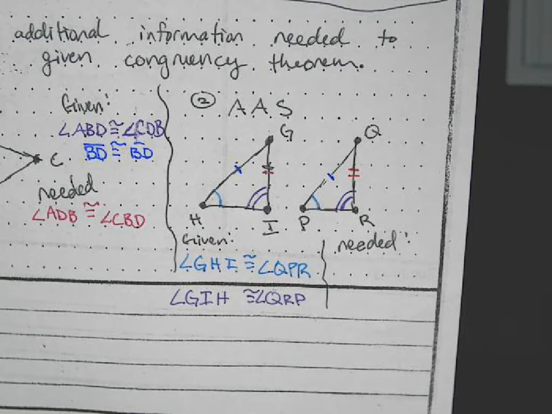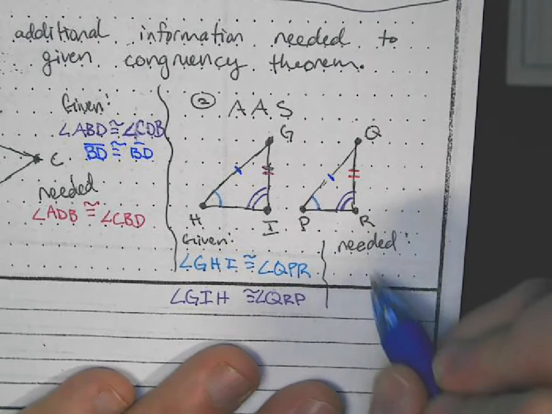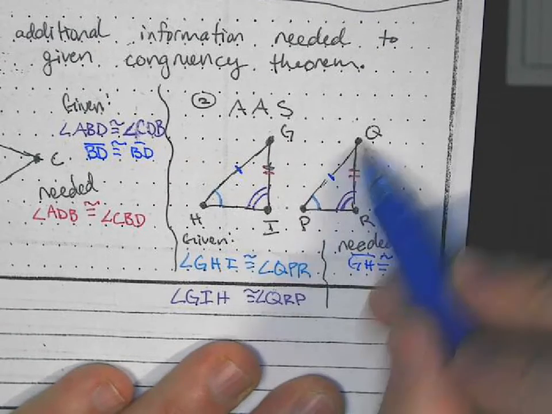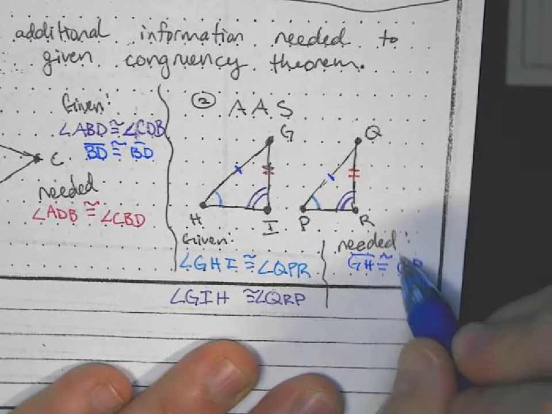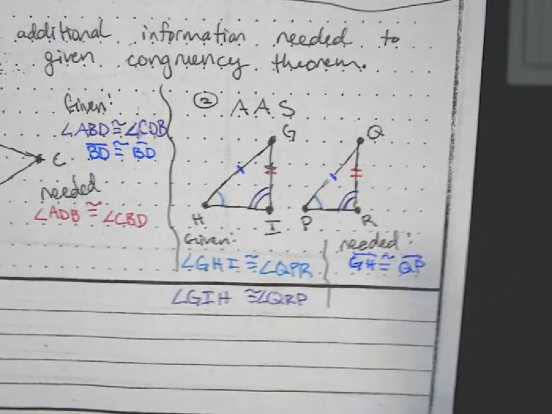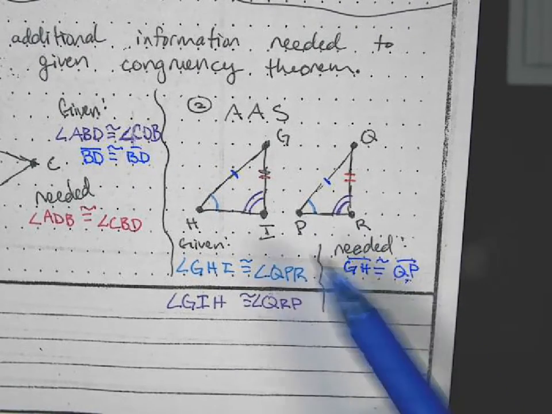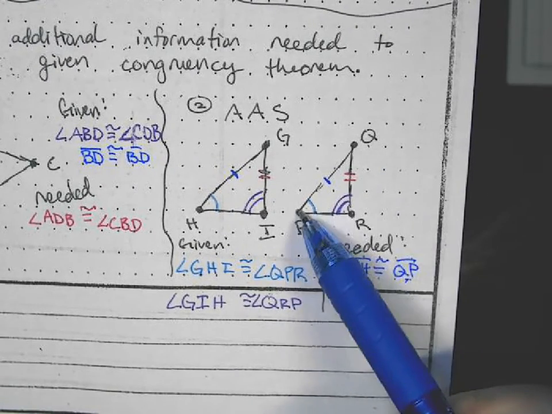So we can say GH is congruent to QP. And I could have stopped here, because then I'd have angle, angle, side.